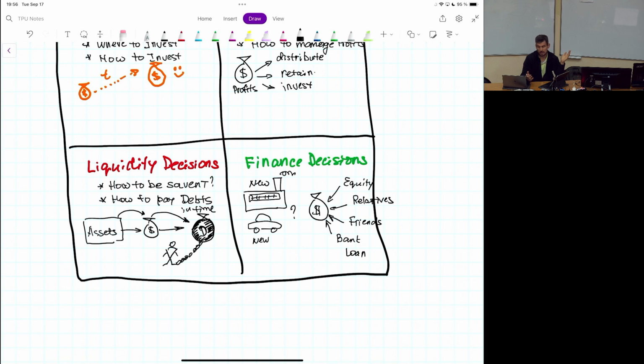But anyway, you have to find money to finance something that you need. A car, a facility, a factory, land, an office, computer equipment, anything. So finance decisions are about what am I going to use and how much. Because some of these sources are free, some are not free. You have to pay.